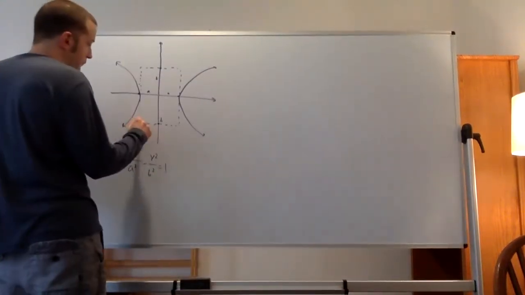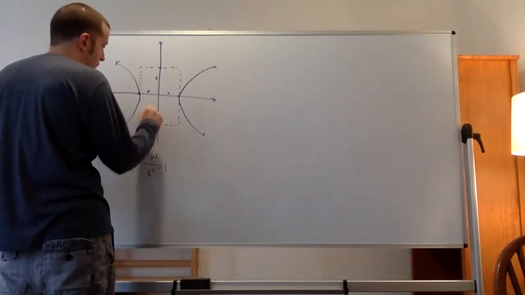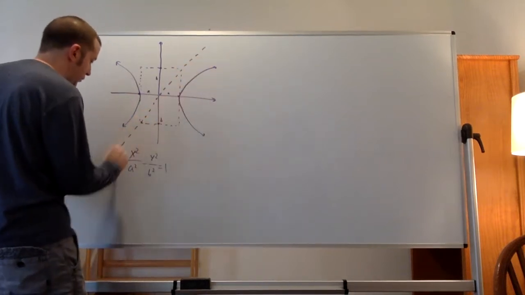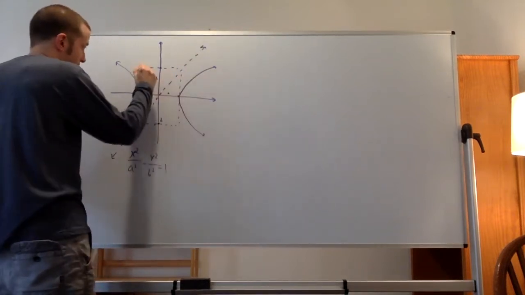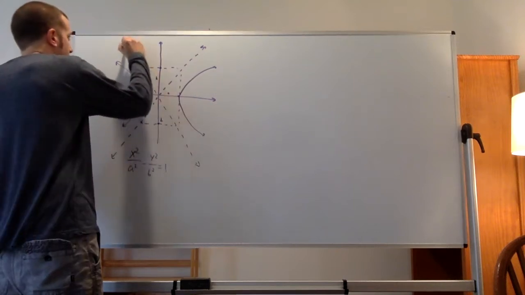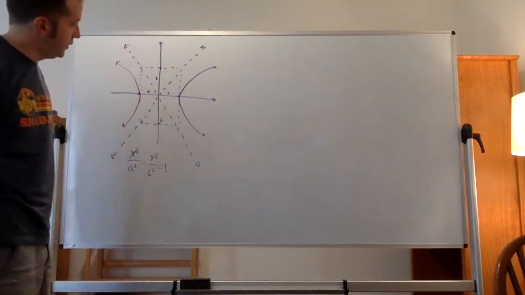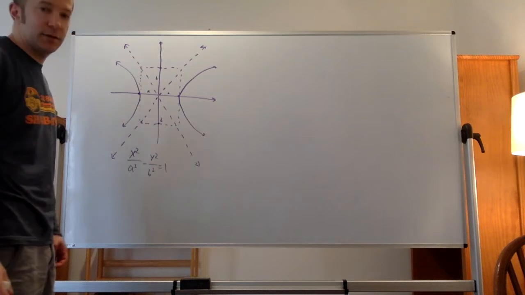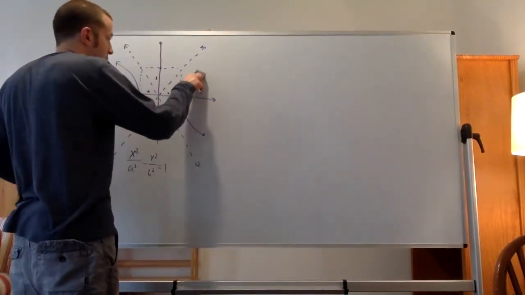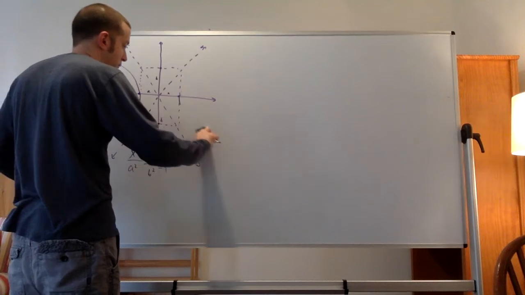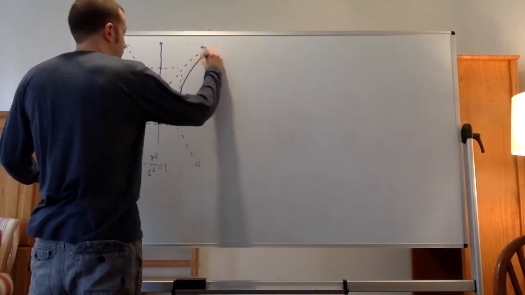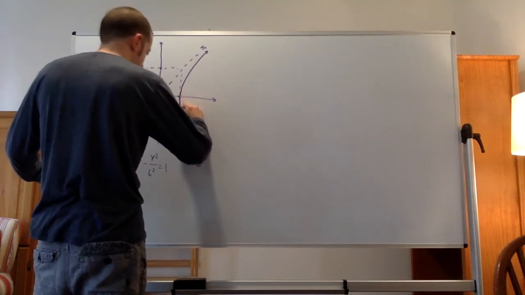So you draw them. I always draw them dotted as well because they're not actually part of the hyperbola, but they look like this, and this. So you can see my hyperbola graph kind of sucks. Now that I have the asymptotes, I can draw it a little better. I'll do that by starting here, and then I draw this so that it gets close to the asymptote.